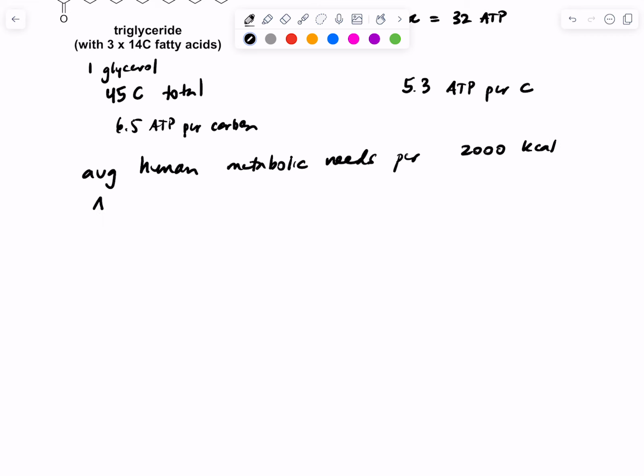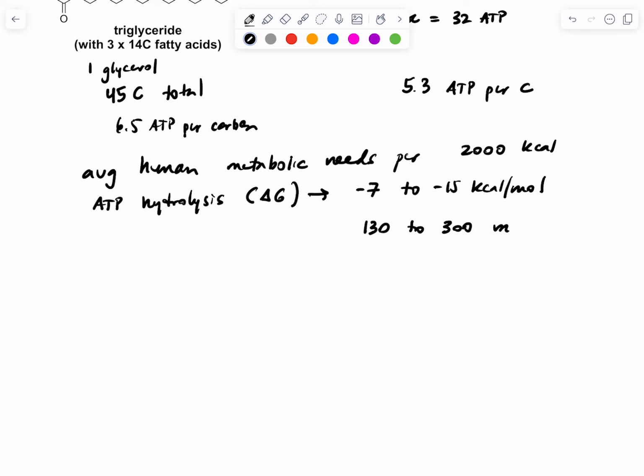And we said that for ATP hydrolysis, the delta G is anywhere from -7 to -15 kilocalories per mole. So we used that to calculate that you needed about 130 to 300 moles of ATP per day, that you're going to consume that much. And we figured out exactly how much ATP you have in your body, and therefore how many times an ATP molecule needs to be recycled. The number was like 1,000 to 2,000 times, and you thought you were busy.